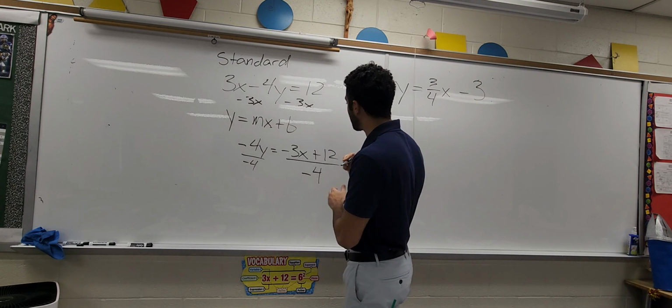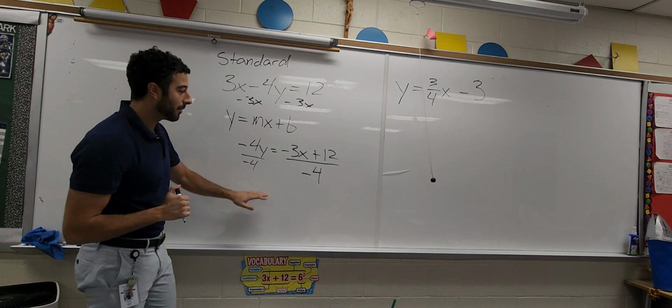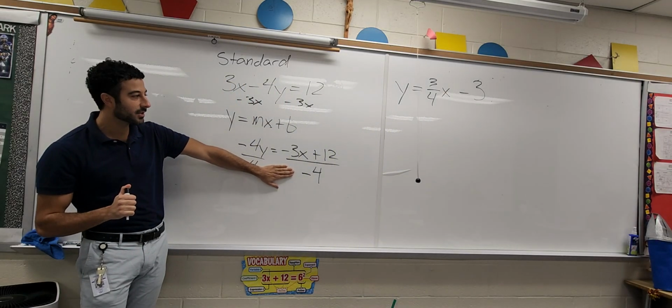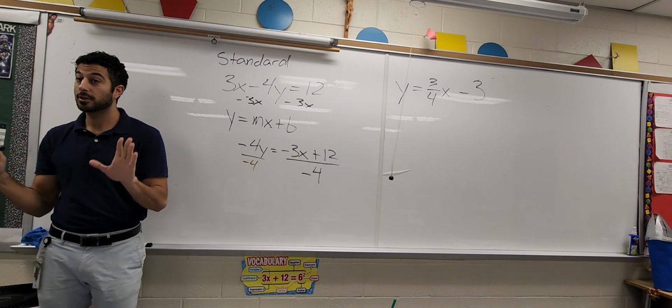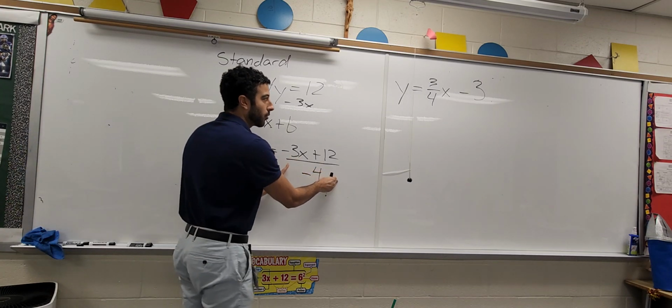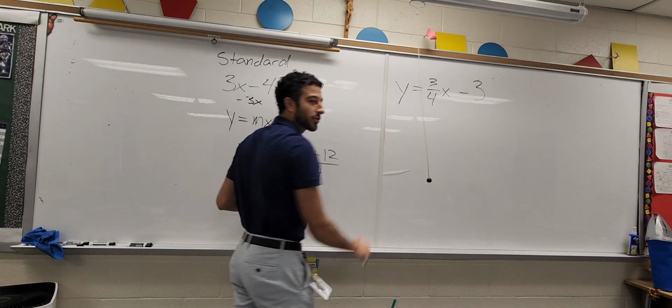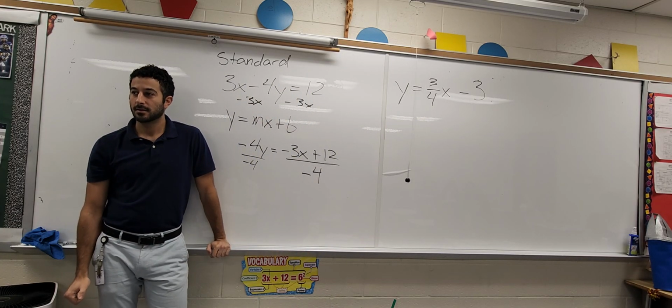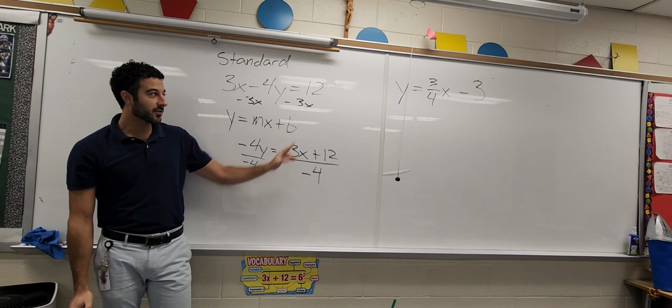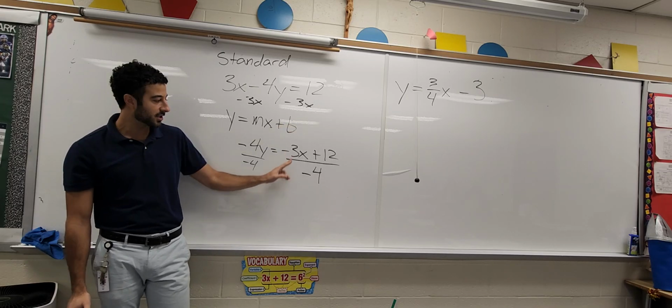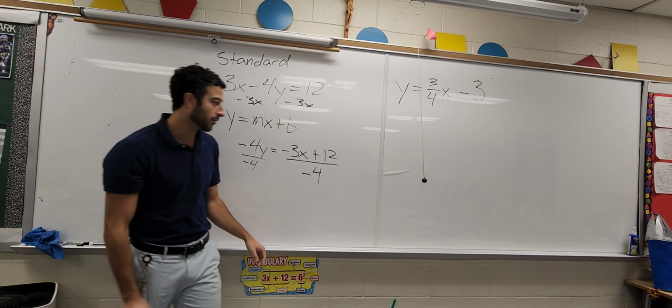Okay, so I guess some of us know how to do this. That's pretty good. This part right here, is this confusing, how we got from this, the right side of the equation? I expect there to be trouble here. This right side of the equation, to get to that, do we understand how that happened? No. You divide both numbers by negative 4. Okay, so if you're confused how that happened, some people can do this quickly. Just see like negative 3 over 4 and 12 over negative 4.